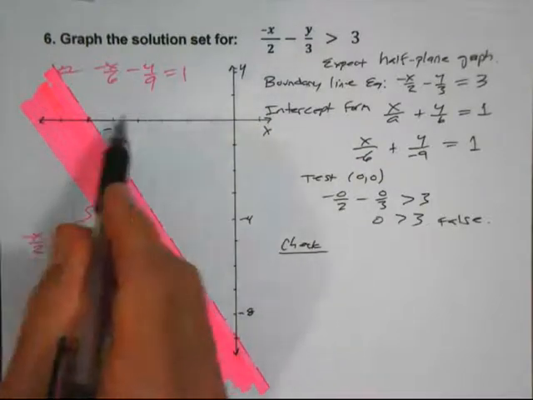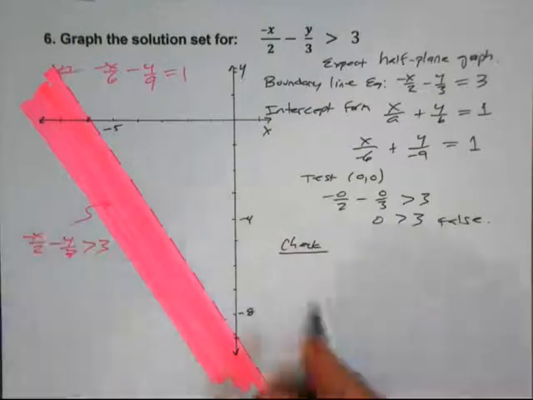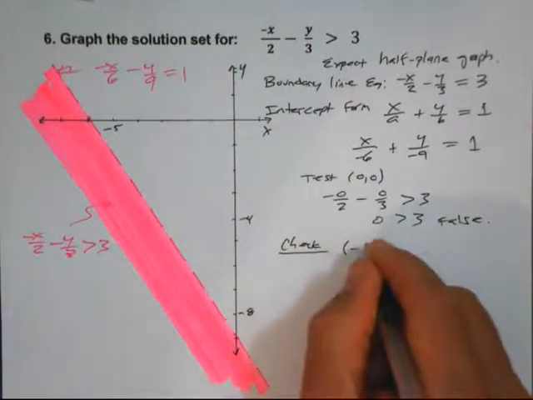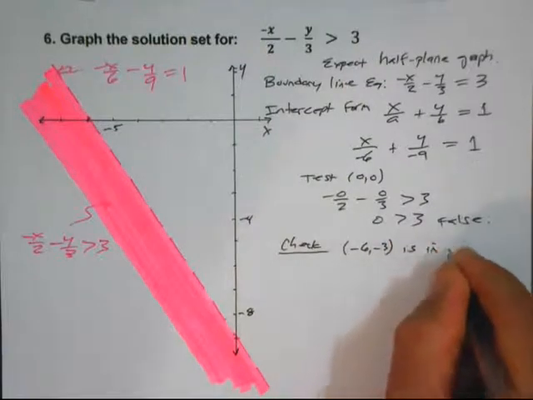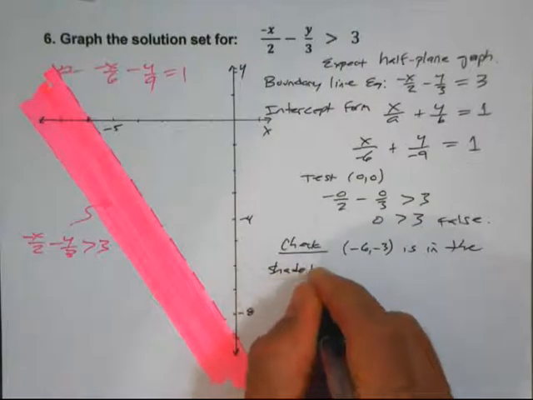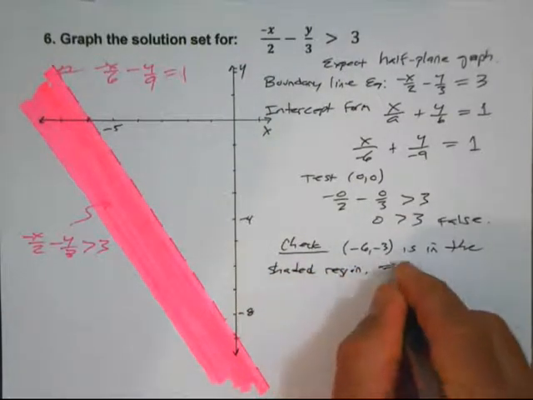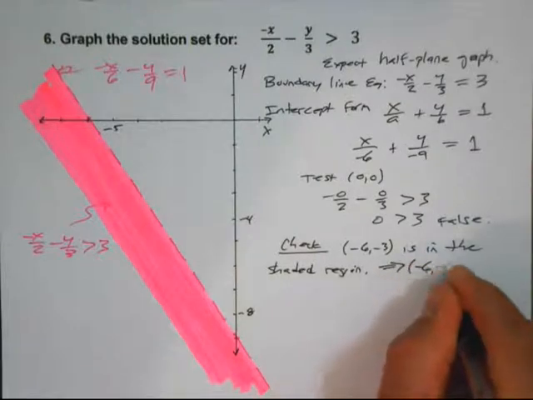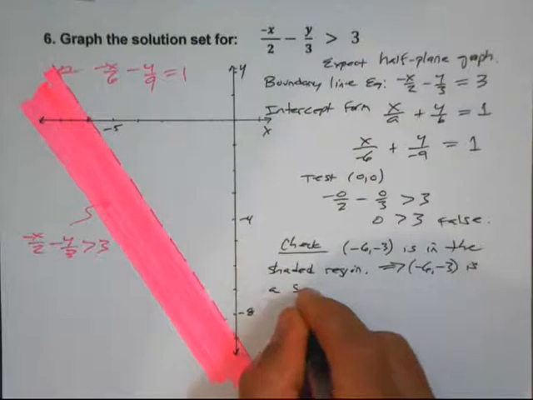So maybe a negative 6 and negative 3. Negative 6, negative 3 is in the shaded region. And that implies that negative 6, negative 3 is a solution.